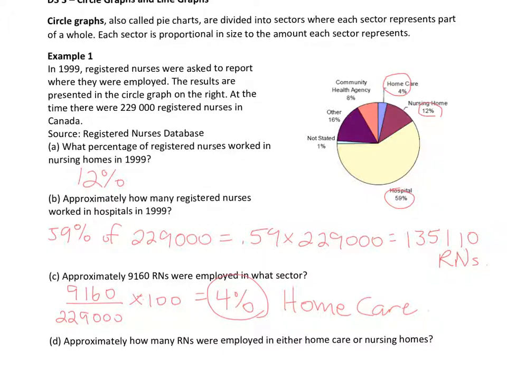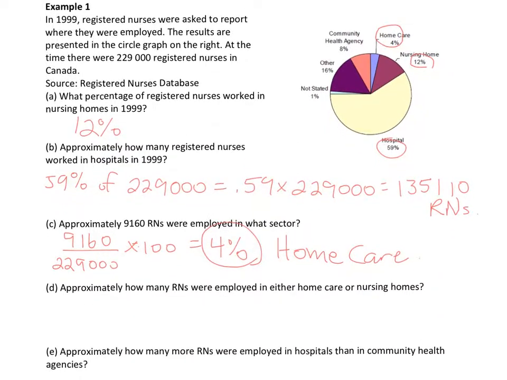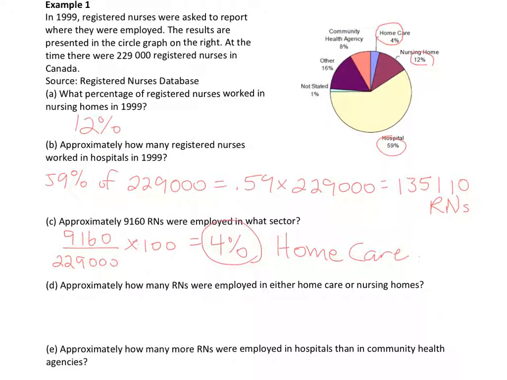Let's move on to question D. Approximately how many RNs were employed in either home care or nursing homes? So nursing homes is 12%, home care is 4%.